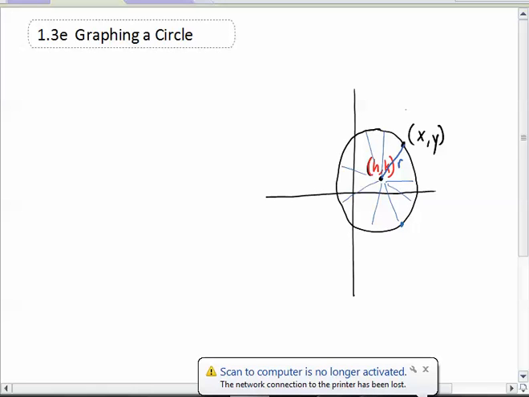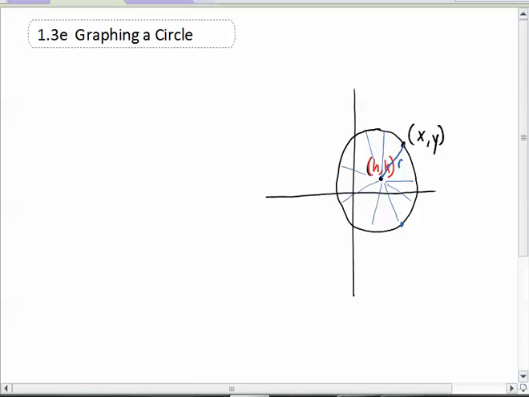So let's take a look at connecting the relationship between h, k, the center, and x, y, a point on the circumference of the circle. If I'm wanting to know the distance between those 2 points, meaning the length of the radius, we would say r equals, and then I would go ahead and use the distance formula.